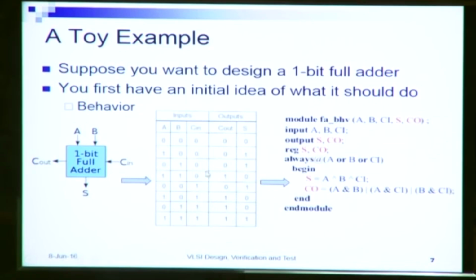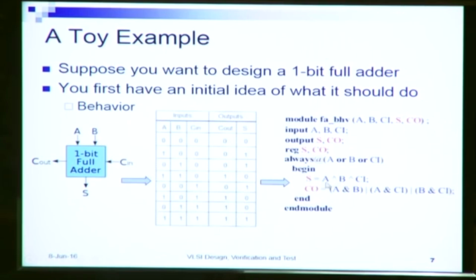Correspondingly, we can write a program to formally represent this on a computer. Although a truth table is also a formal representation, there can be a tool which takes this truth table as input and produces this program as output. The program as such is a behavioral Verilog code which says the same thing.